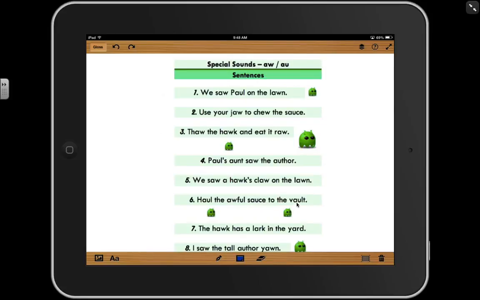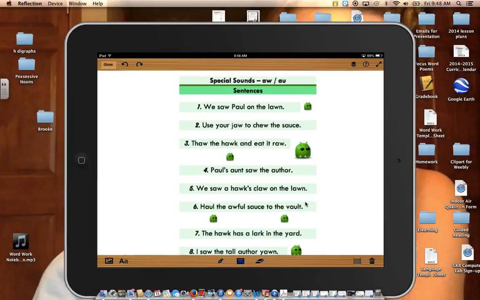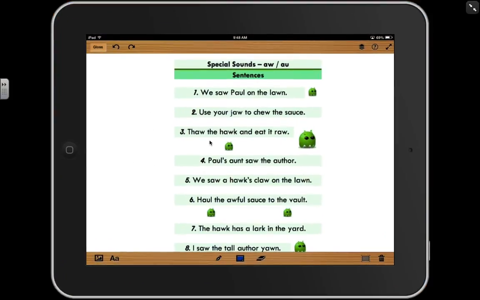And then finally, there's an AU, and it says aw, so vault. Okay, let's see here. Let's read the sentence together. Ready? Haul the awful sauce to the vault. That's tricky, isn't it? Read it one more time. Haul the awful sauce to the vault.